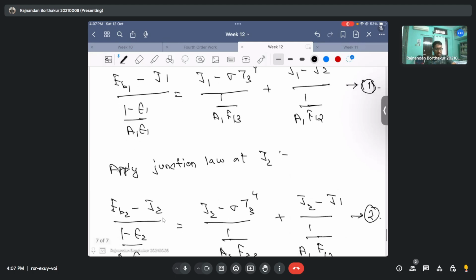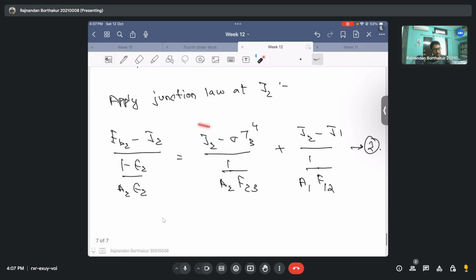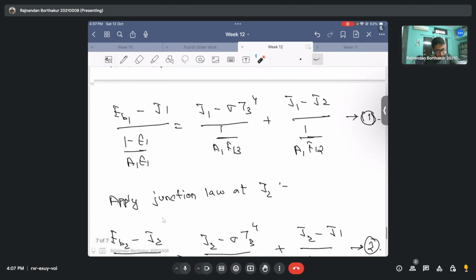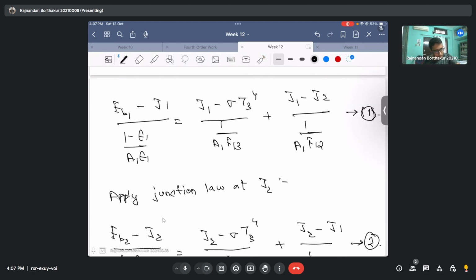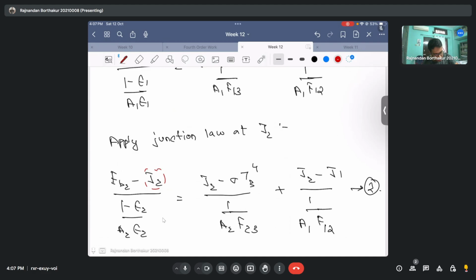I hope how we wrote this first equation and how we wrote the second equation is clear. Now try to understand that the J1s and J2s are the primary unknowns. I will just highlight them. These are the unknowns that we need to solve for, and that's why we have two equations.